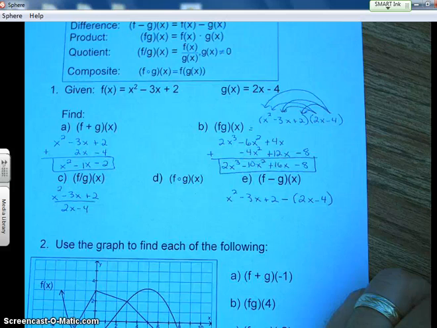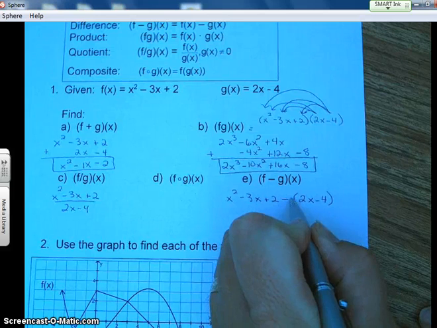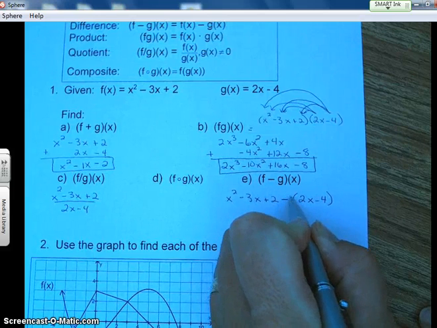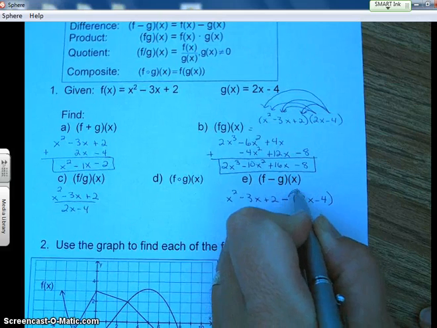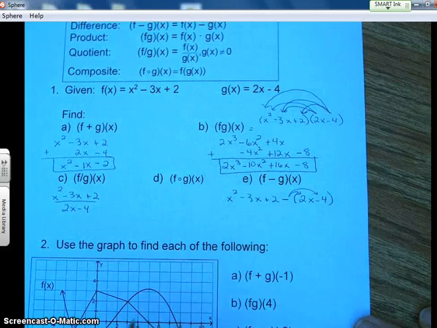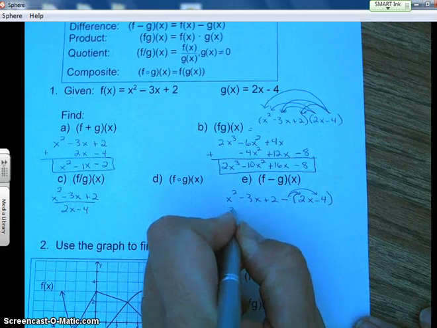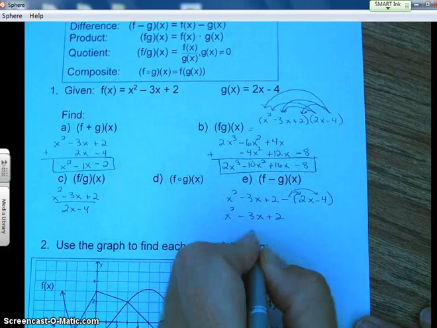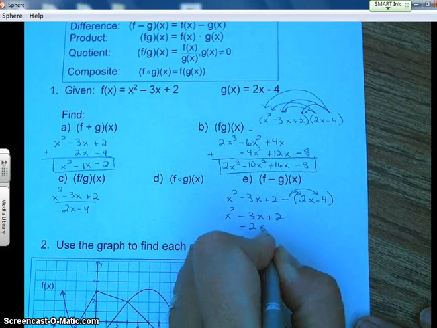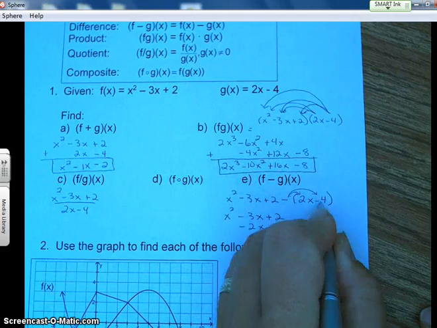Okay? So I'm going to go ahead and distribute this -1 here. I'm going to distribute this negative, or this minus, onto both of them. So we're going to have x squared minus 3x plus 2 minus 2x plus 4, because a minus and a negative make a plus.